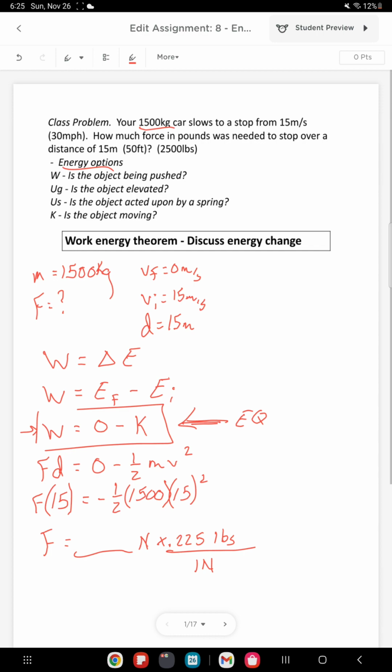That will convert it to pounds, and so our final answer will be, with sig figs, about 2,500 pounds. I'm not going to go through the calculation, but make sure you are writing in what the newtons are, and then you convert it. But I think you get the idea, and I will see you guys later.